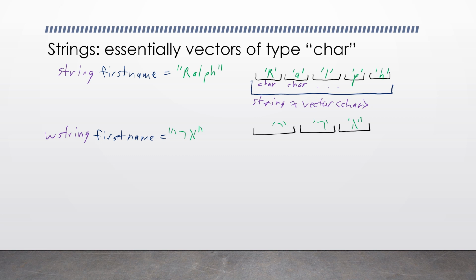Okay, so this is a wide character, a wide character, and a wide character. They behave, and they're a type wstring with the name first name.